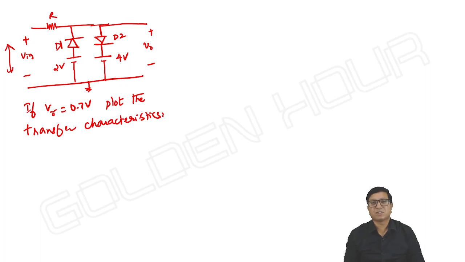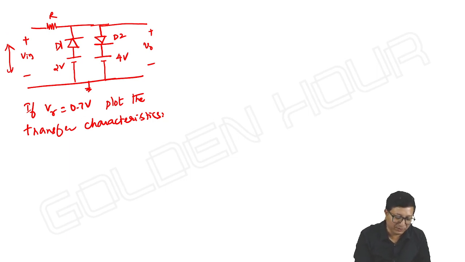Then what are the possible states of the diodes? One diode is on, the other is off, or both are off, or both are on. We have to see if both on is possible. All these cases, the same thing. So first case, suppose I start with input equal to 0, then what happens? D1 is on, because the cathode of D1 is at lesser voltage compared to its anode.